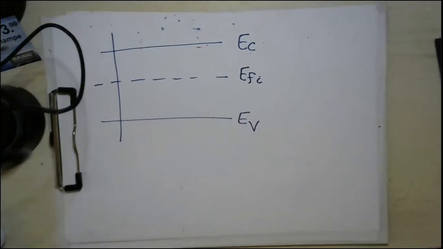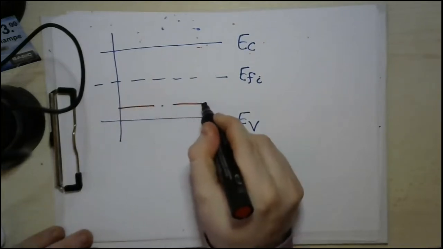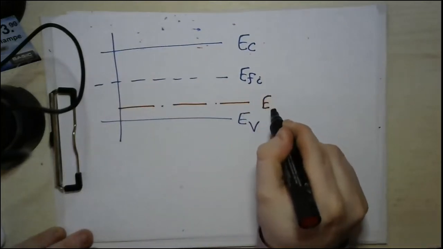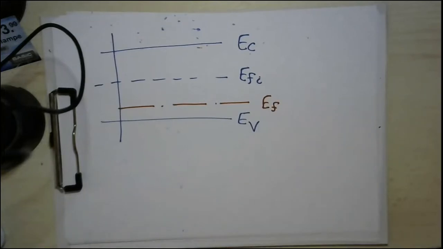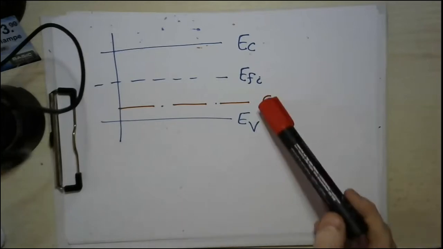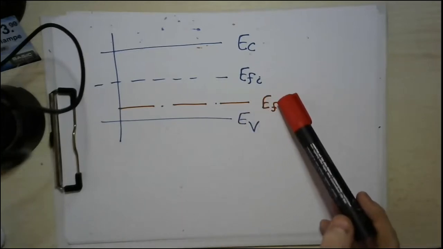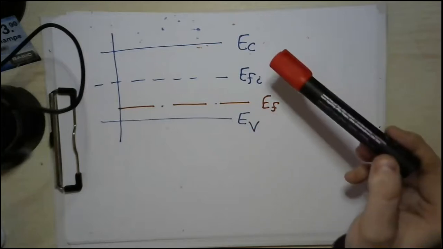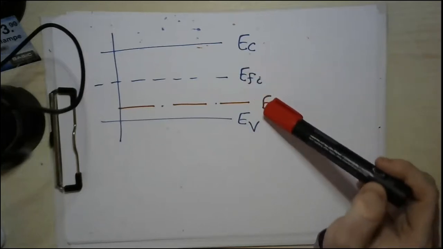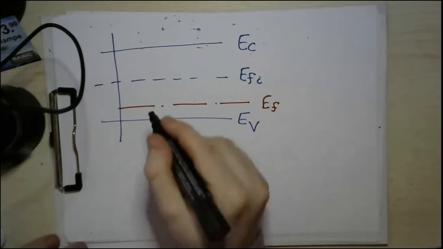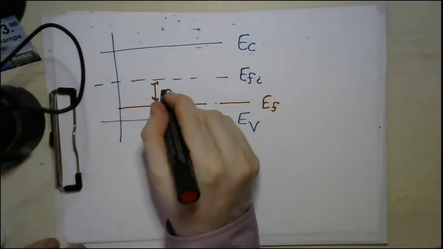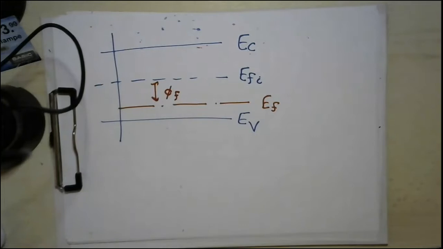In some books it is written EI, it's the same meaning, of course. Now the material is a p-type material, so you will have your Fermi level here. If you remember, we have already considered some equations that can calculate this region, which is the distance between EF and EV, or this region, the distance between EFI and EF. So what is called phi F here is already calculated by us.